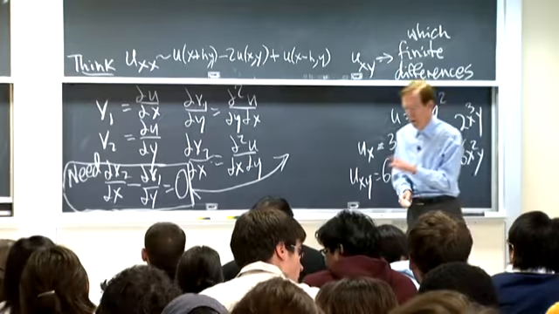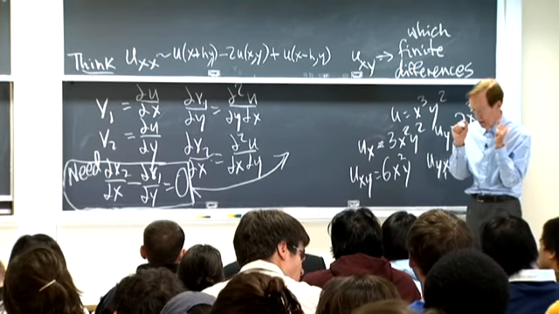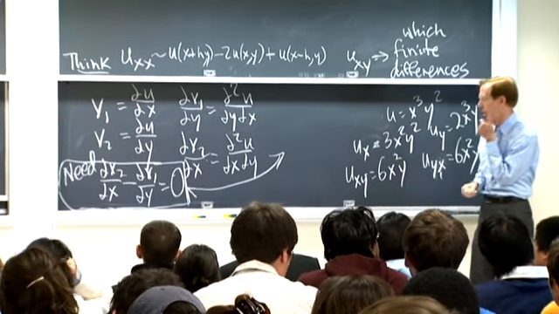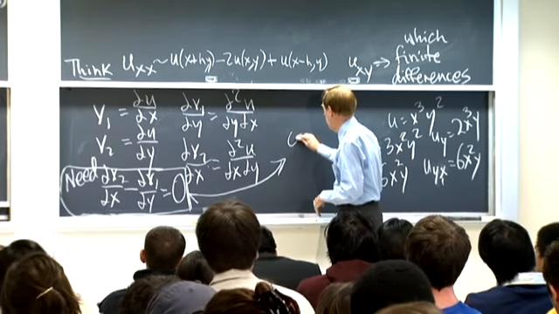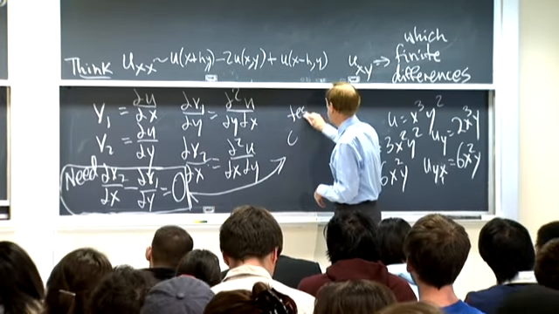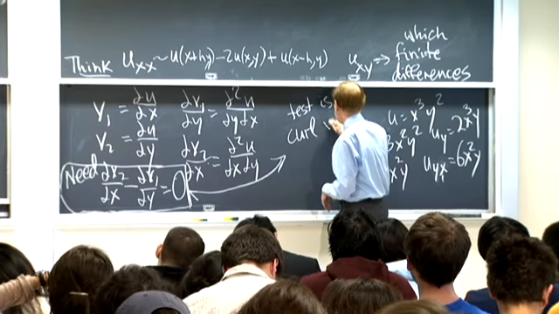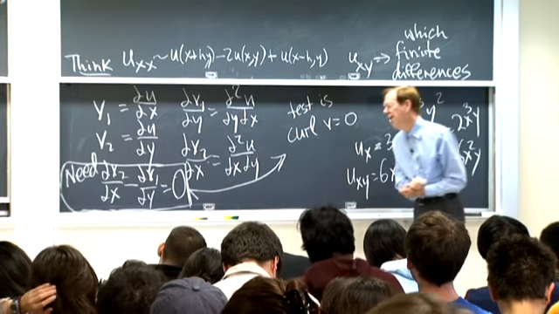May I use the word curl, and I'll say why I'm not going to do everything properly with curl right away. I would describe this as curl. The test is that the curl of V has to be 0. So for me, that's the curl of V.